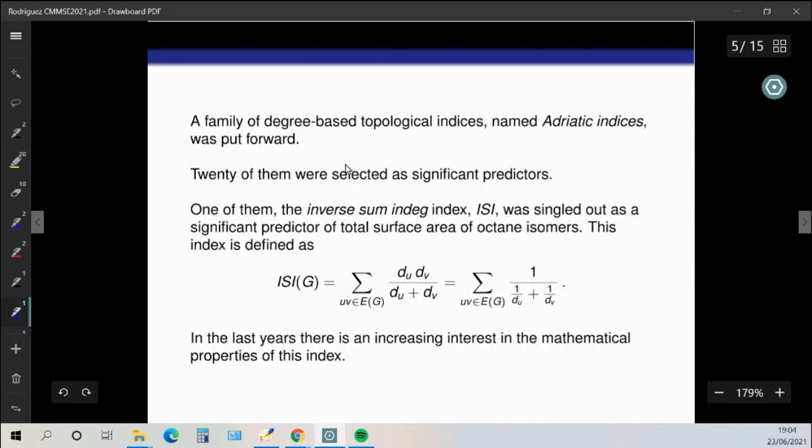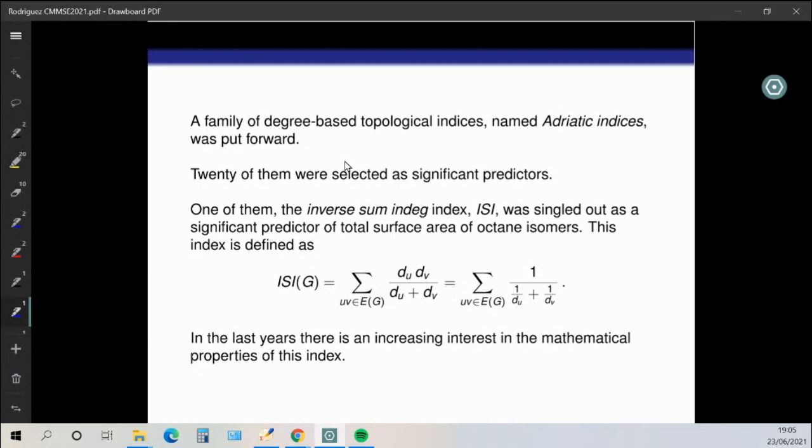An important family of degree-based topological indices named Adriatic indices was put forward. 20 of them were selected as significant predictors. The inverse sum index is one of them, since this is a significant predictor of total surface area of octane isomers.